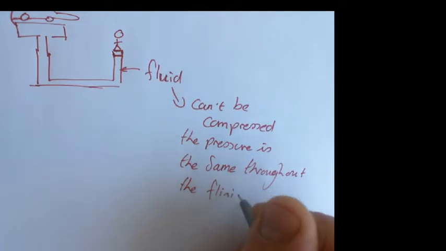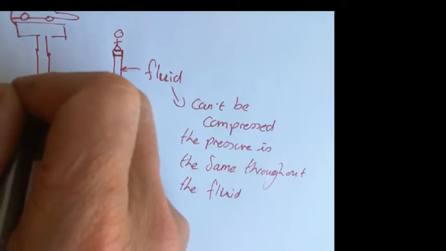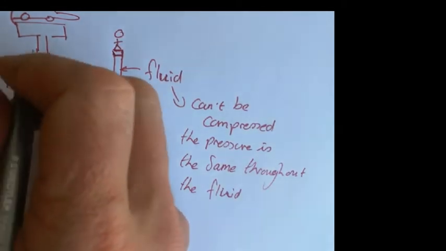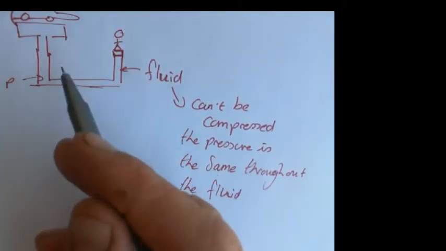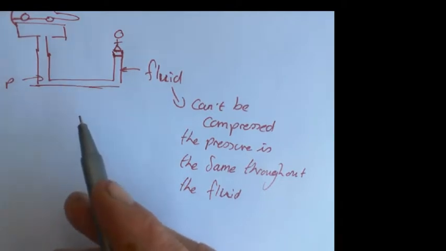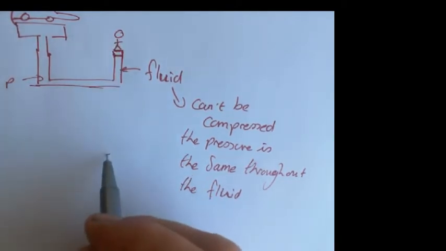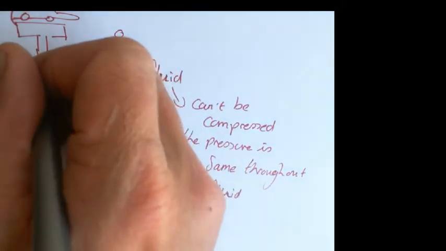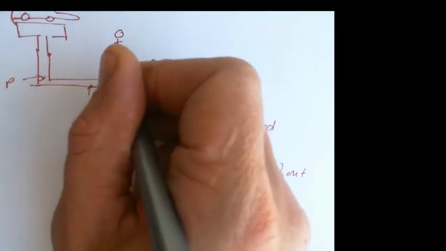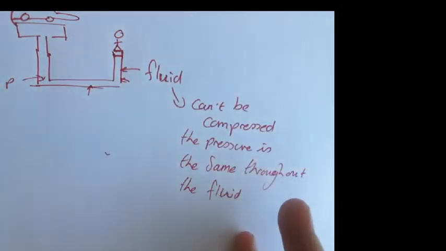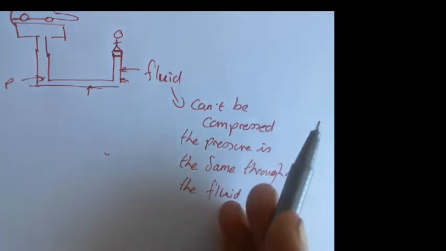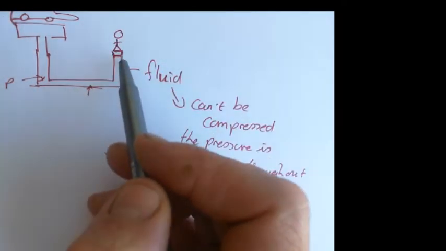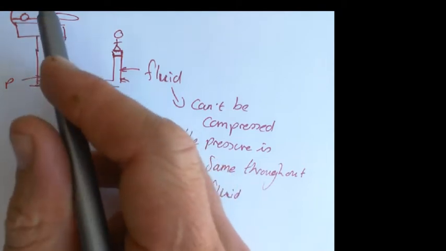Okay, so whatever the pressure is here, and ignore the height difference because it's not big enough to make a big difference compared to how much it's going to be when you push into it. Whatever the pressure is there, it's going to be the same as the pressure here. Okay, it's all going to equal out. So if you tread on here, you're going to push this car up.